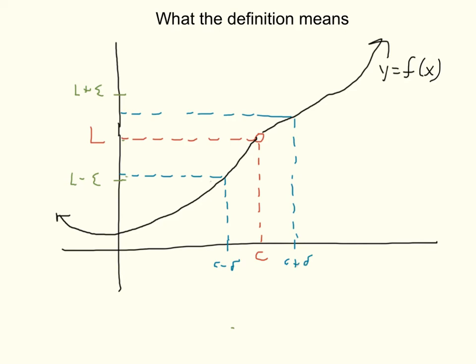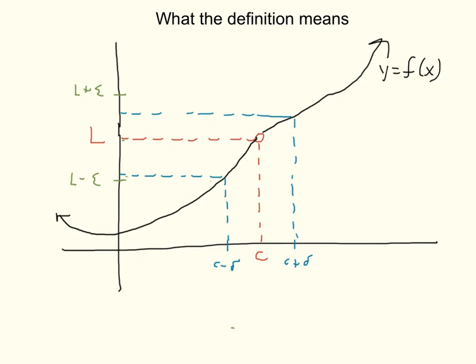What this limit definition says is that if I plug in any values between c minus delta and c plus delta, except for c itself, because remember the limit is looking at what happens as x approaches c but not equal to c, I will get a function value that falls between L plus epsilon and L minus epsilon.